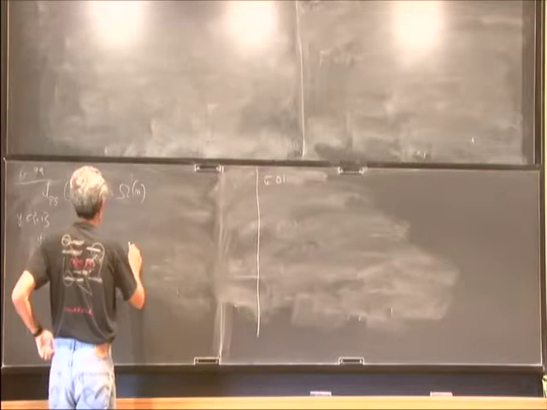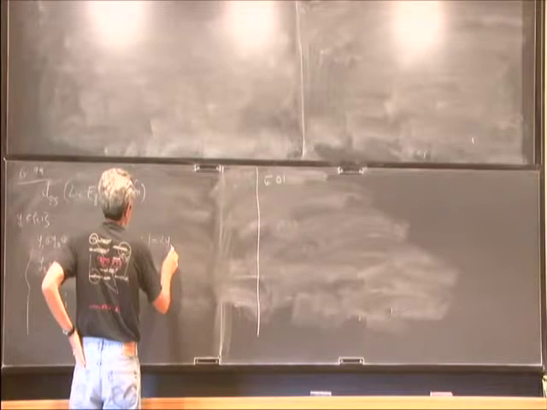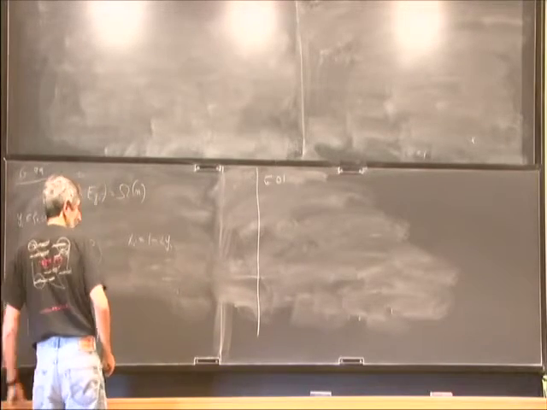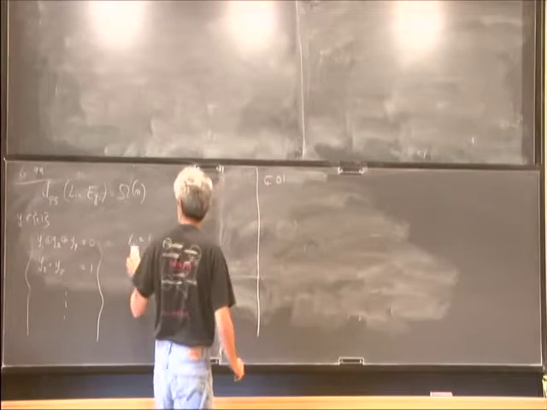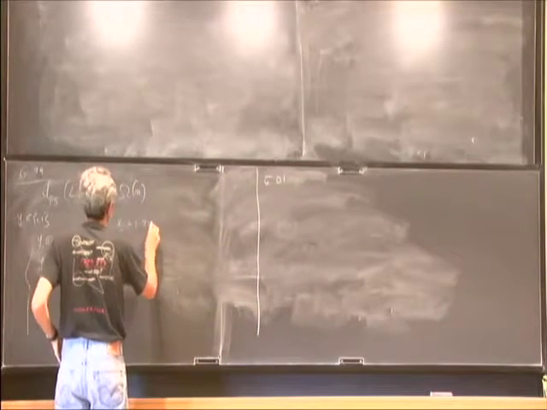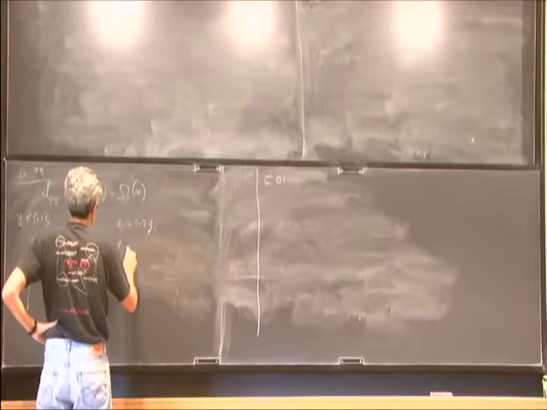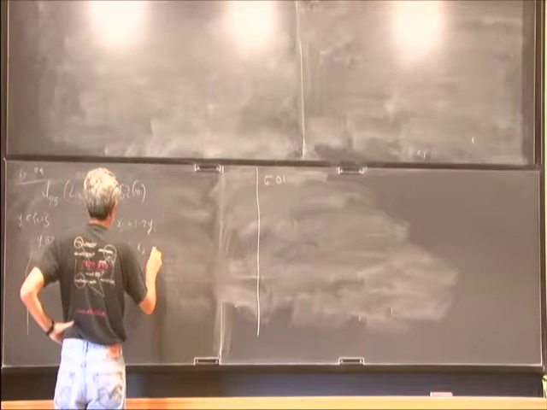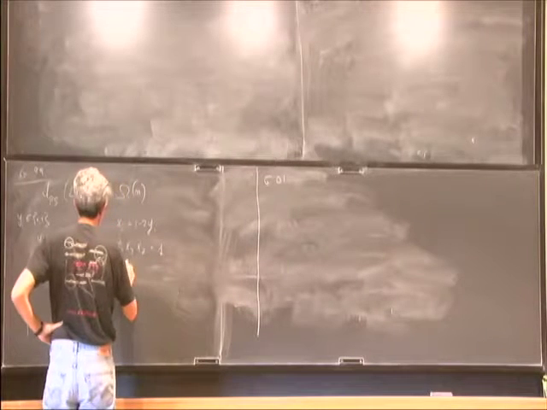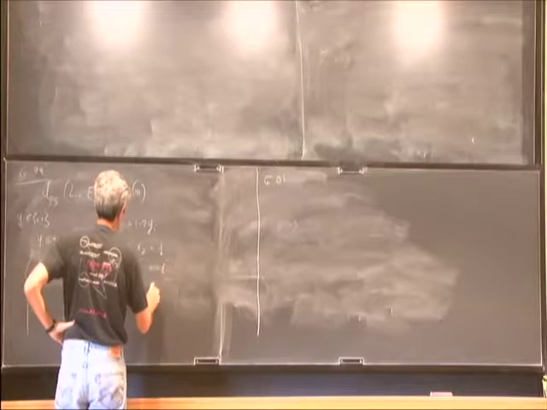If x_i is 1 minus 2y_i, then this would be x1 x3 x7 is 1, and this would be x2 x3 is minus 1, and so on.